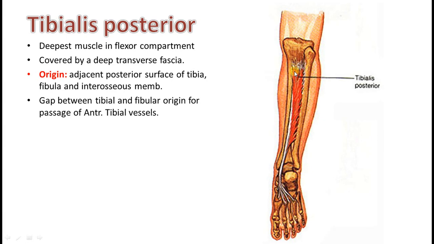Between the tibial and fibular origins, the anterior tibial vessels pass through a gap in the interosseous membrane and enter the extensor compartment, the anterior compartment of the leg.